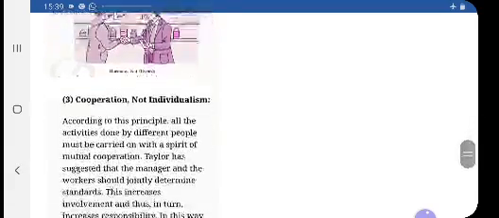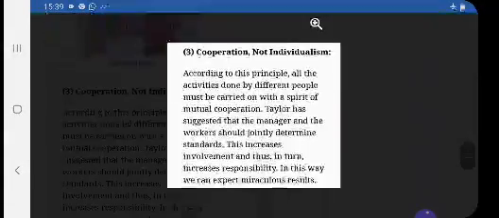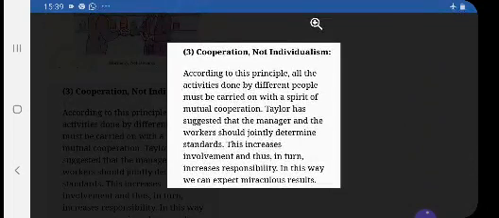Now come to the third principle given by F.W. Taylor: cooperation, not individualism. As per Henry Fayol also, subordination of individual interest to general interest says the same thing. It means an individual cannot achieve the organizational goals.